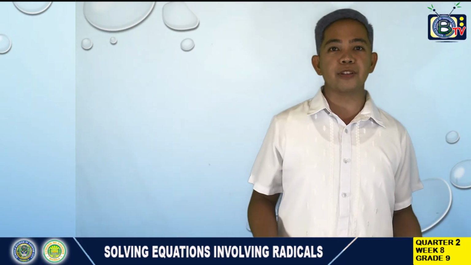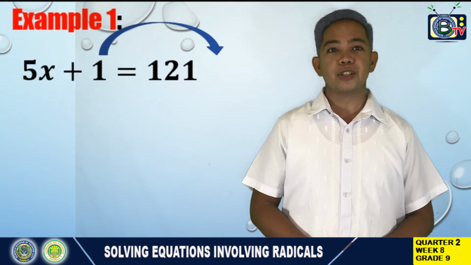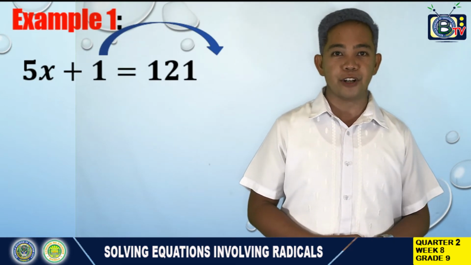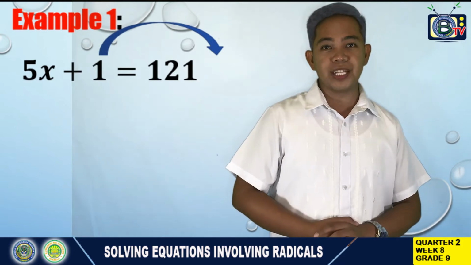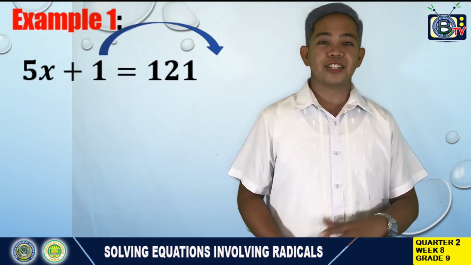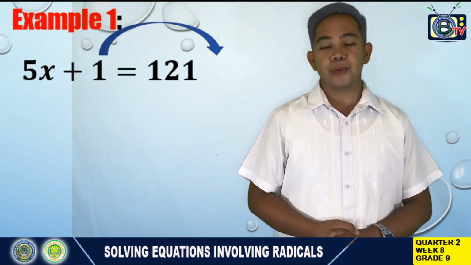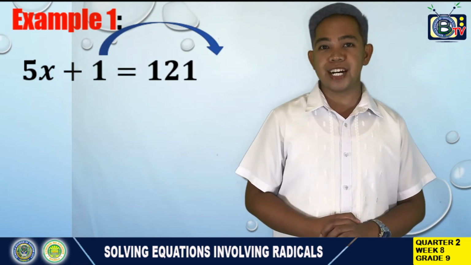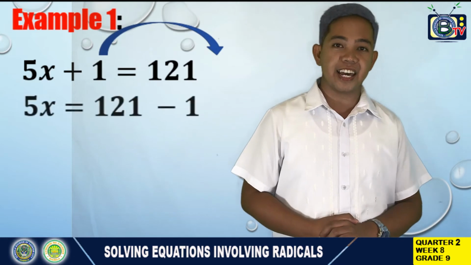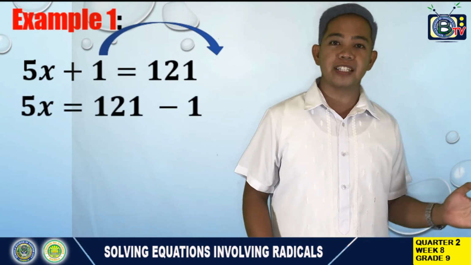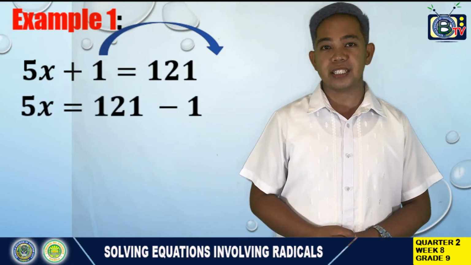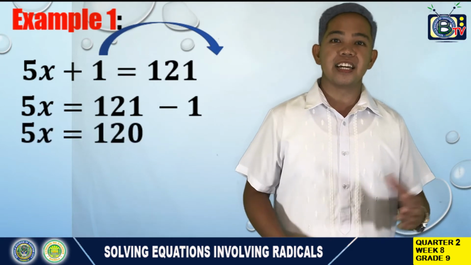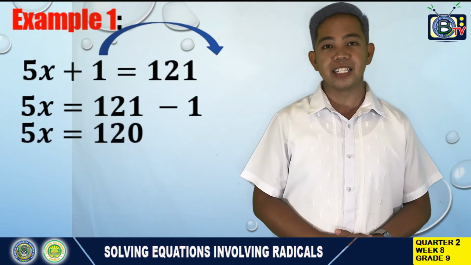Now, we need to transpose positive 1 to the right side of the equation so that we can solve for the value of x. As we transpose positive 1 to the right side of the equation, we need to change the sign to its opposite. So it becomes negative 1. Next, simplify 121 minus 1. Now, our equation is 5x is equal to 120.